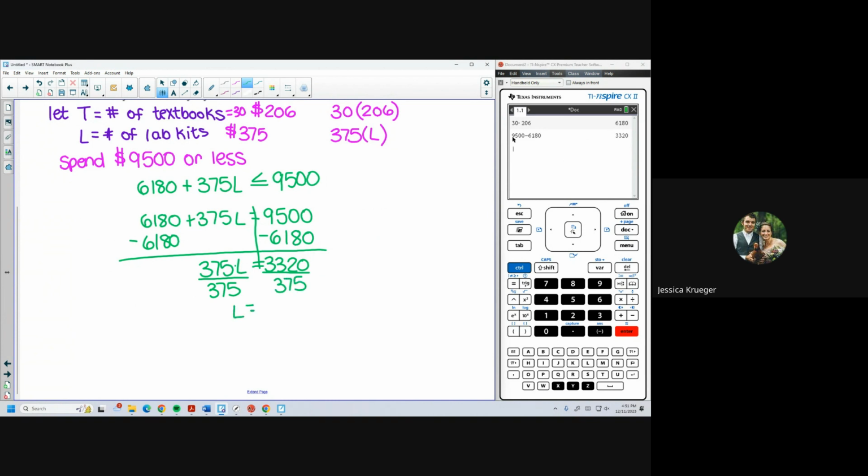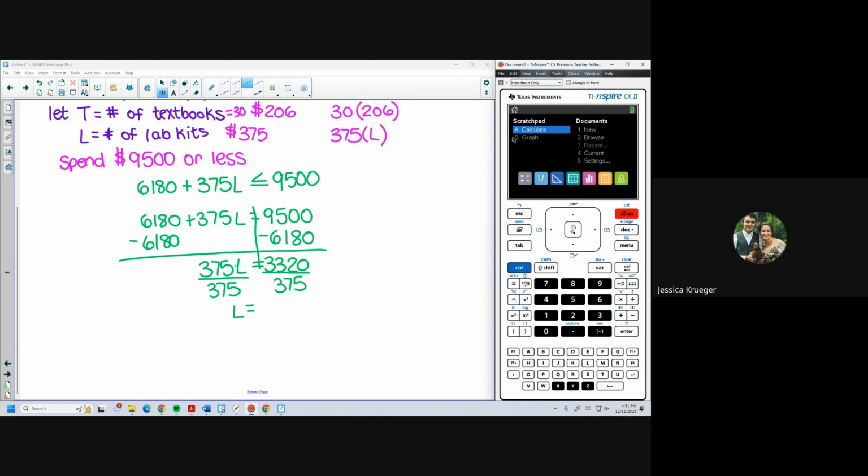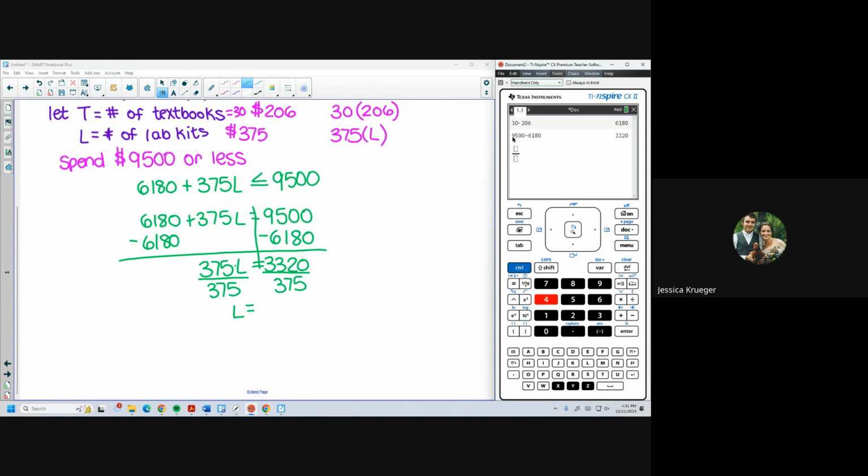And I get that L equals, I'm going to go ahead over in my calculator. I'm going to hit Control Divide. I'm going to type in 3,320 divided by 375. And when I hit enter, unfortunately, I get a fraction again.